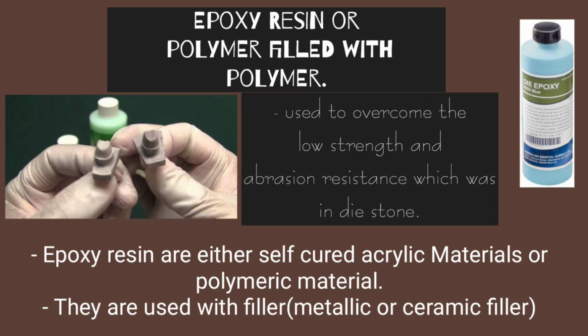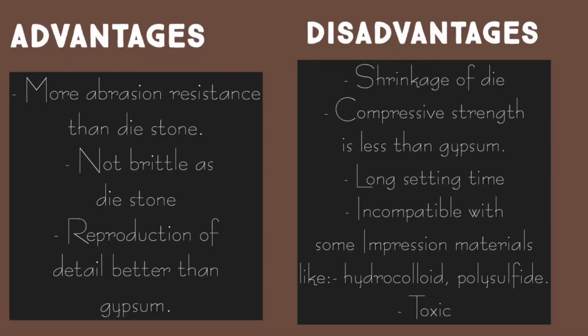So what are the advantages and disadvantages of these epoxy resins? In advantages, they are more abrasion resistant than the die stone, they are not as brittle as die stone, and they reproduce better details than the gypsum.